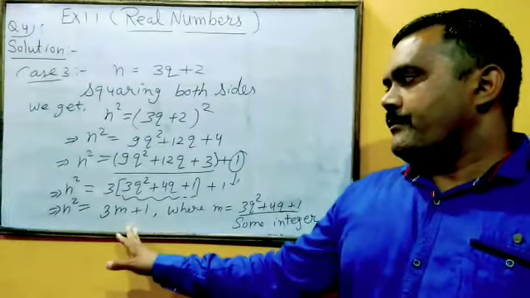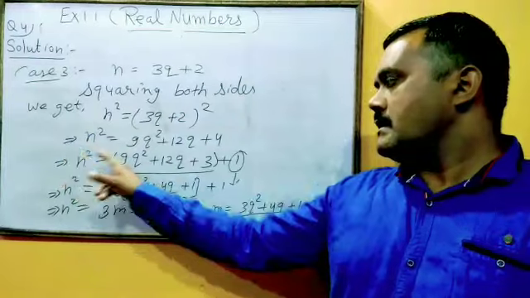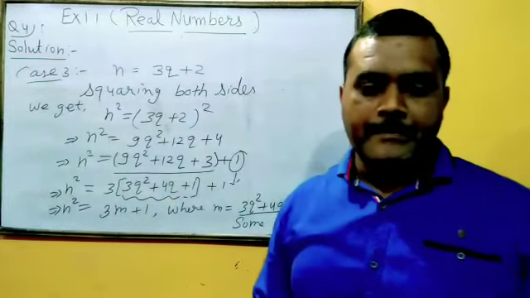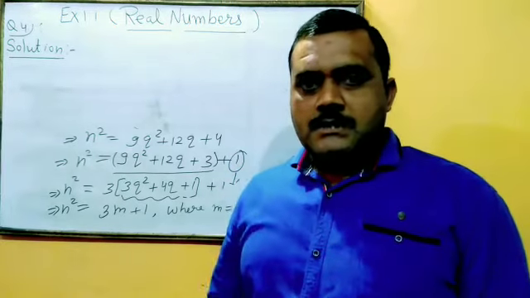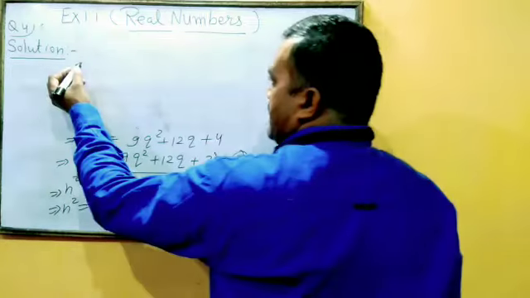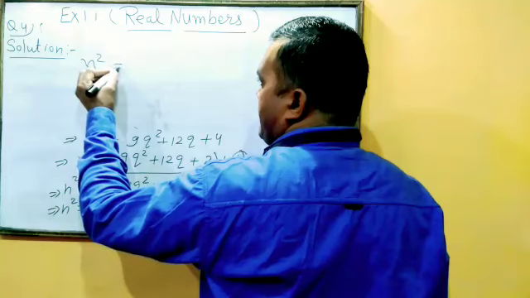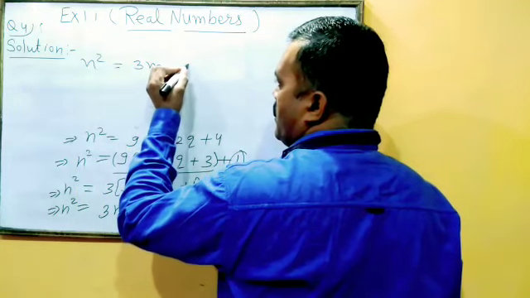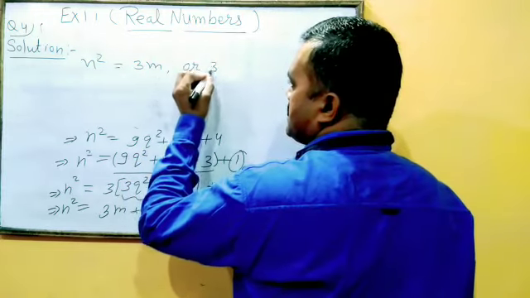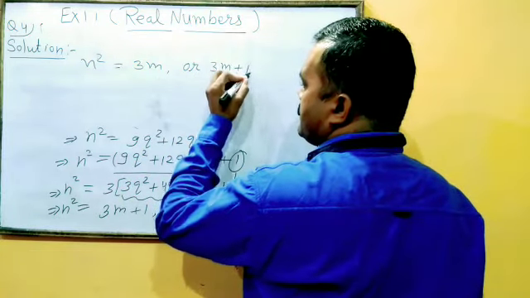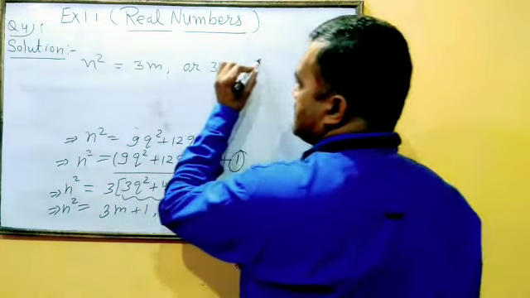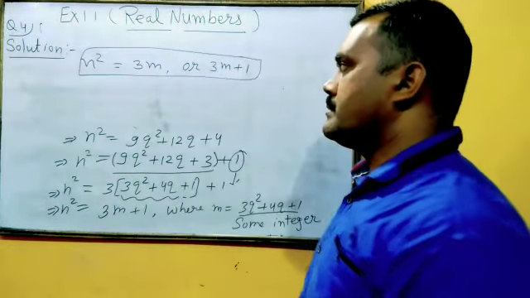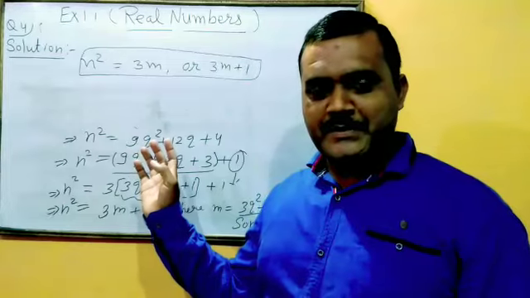Now you can see the square of n is either in the form of 3m plus 1 or, as written earlier, 3m. Now from all the cases we can write n square is equal to 3m or 3m plus 1, and this is our solution. Hope the solution is clear to you.